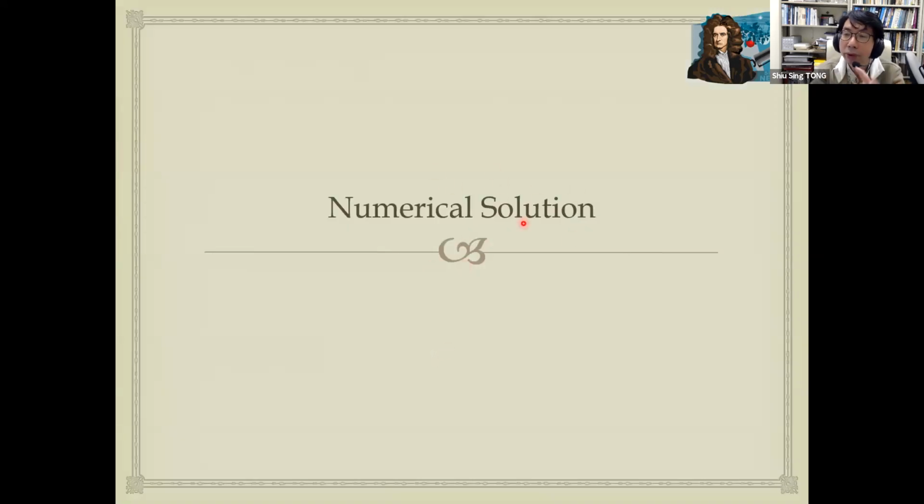Now, how about if we cannot integrate the equation? There is no guarantee for you to solve that differential equation. If the differential equation is very complicated, if the motion is very complicated, you simply cannot solve the differential equation in a closed form. There's no definite way.